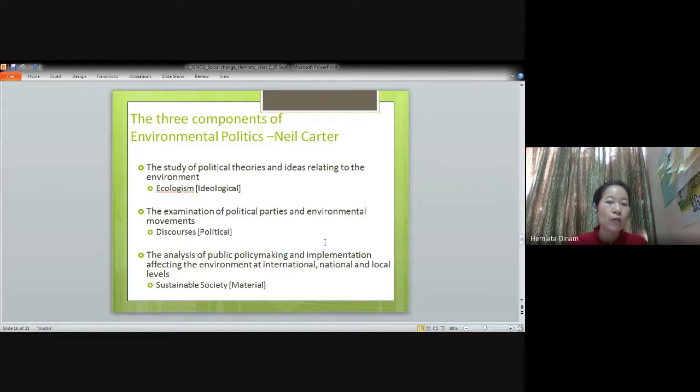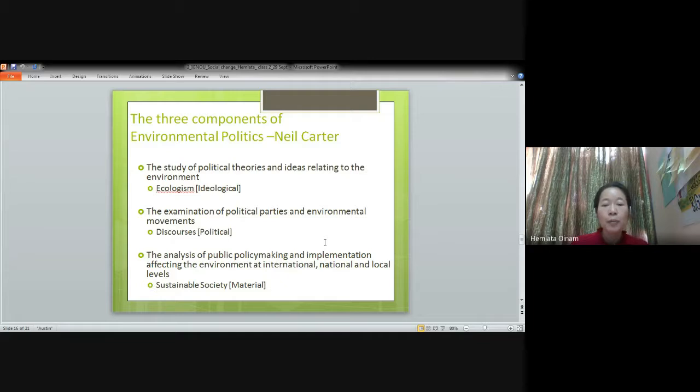The first is the study of environmental theories and ideas relating to the environment, that is, the main ideology of a political party. The second is the examination of political parties and environmental movements. Probably we would have a very clear idea when we take examples. The third is the analysis of public policy making and implementation affecting the environment at international, national, and local levels.